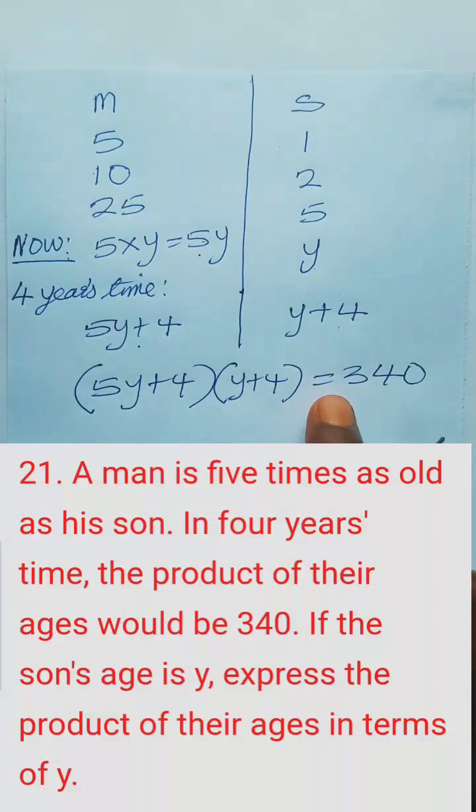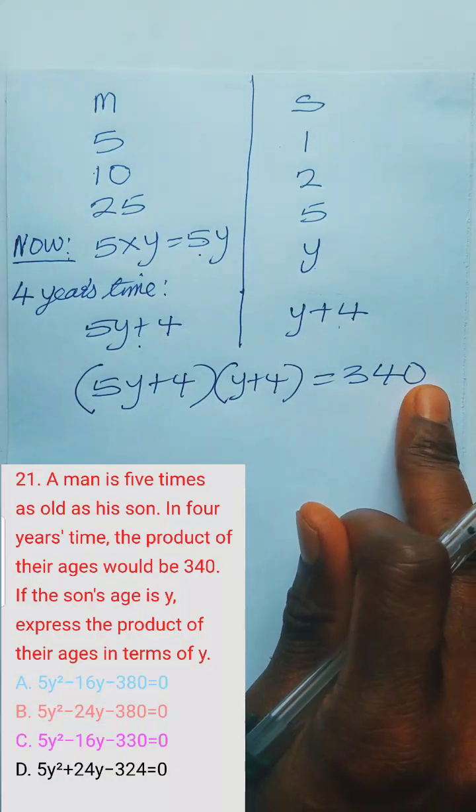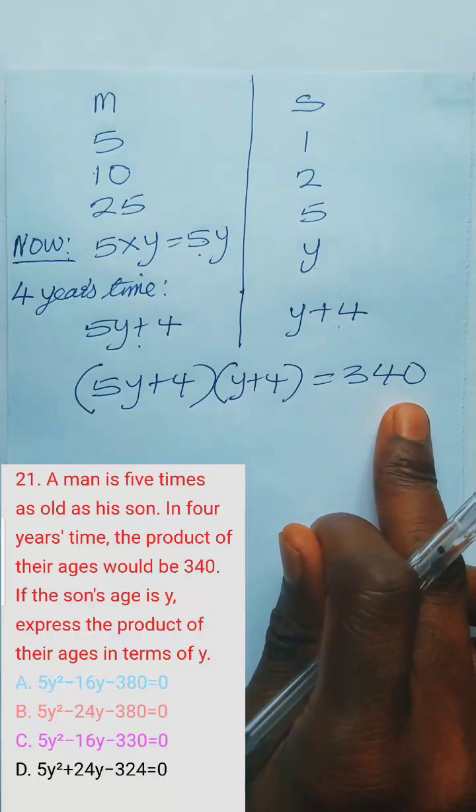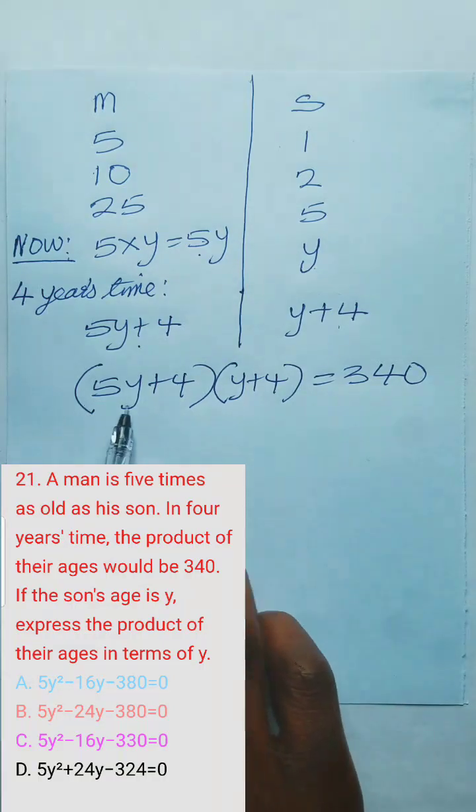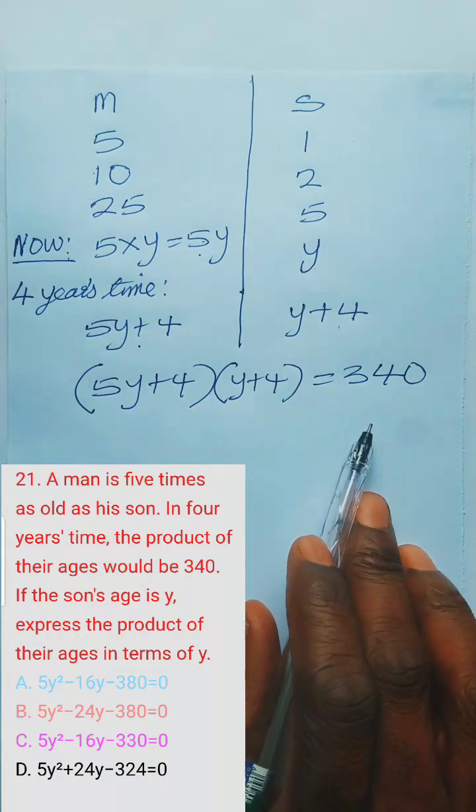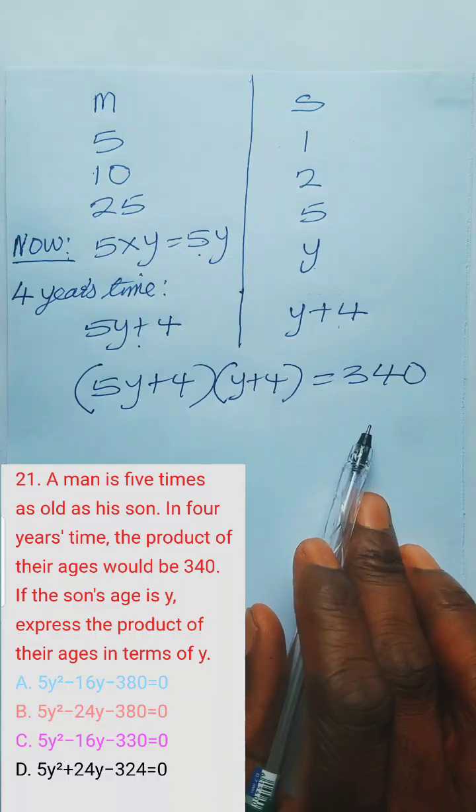In fact, this is supposed to be our answer because the last sentence says, if the son's age is y, express the product of their ages in terms of y. It means I should express all these in terms of y. I've done that. But the problem here is that none of the options look like this. So all we have to do here is simply expand these out and see which of them will look like the options we have there.